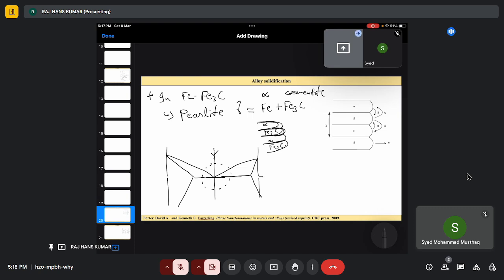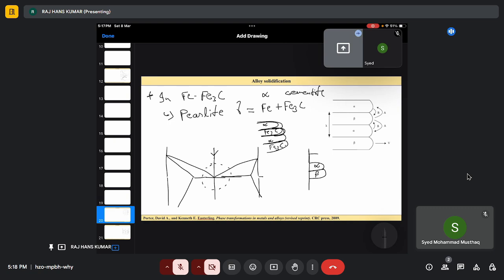Now, let's say there is a mold, and at the surface of the mold there will be formation of, let's say, alpha, and because of the rejection there is a formation of beta. There is alpha, there is beta. When they try to grow, it will again reject at both sides.